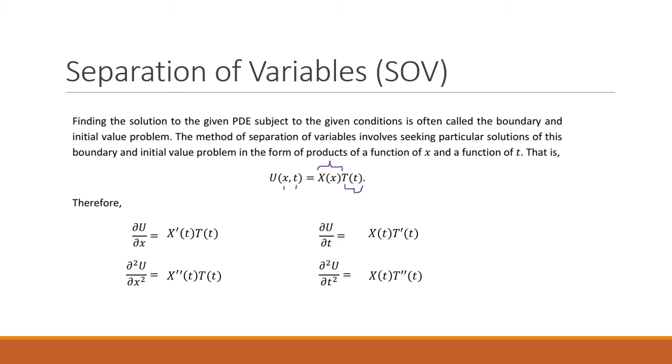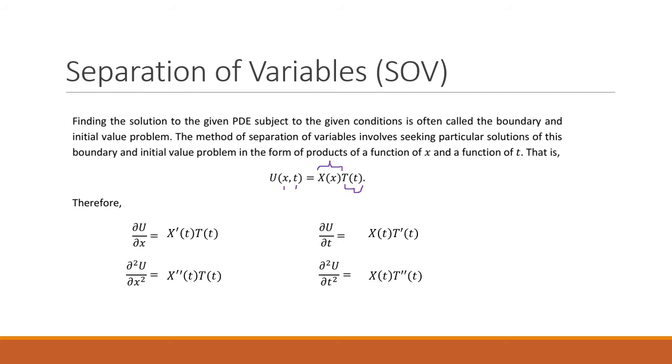Okay, kalau ni kita baca sikit lah dia punya definition. Finding the solution to the given PDE subject to the given conditions is often called the boundary and initial value problem. The method of separation of variables involves seeking particular solution of this boundary and initial value problem in the form of products of a function of x and a function of t.